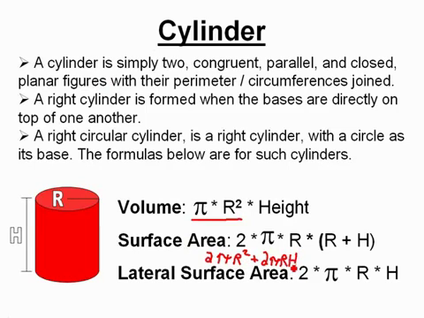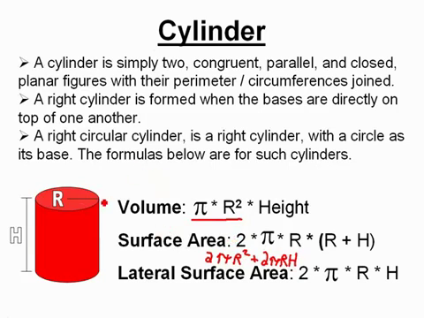Well, pi r squared is, like I said, the area of the base. So because there's two bases, the top and bottom, 2 pi r squared is the area of the bases. Which would mean, like you see below, the lateral surface area has to be 2 times pi times r times h. But how would we know that?